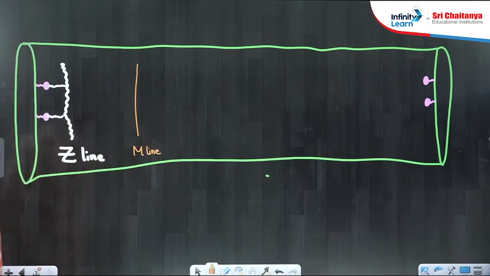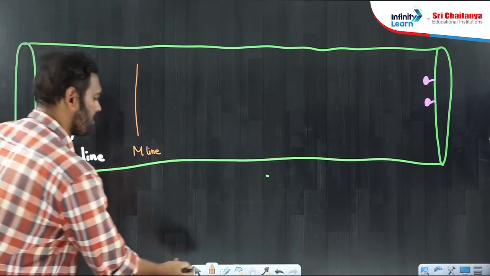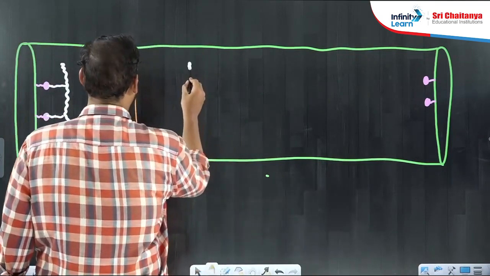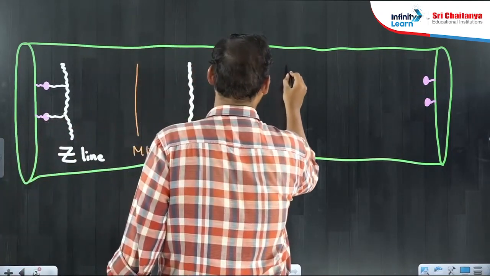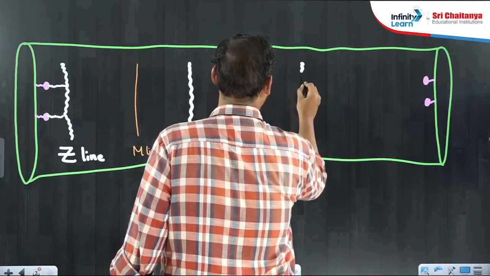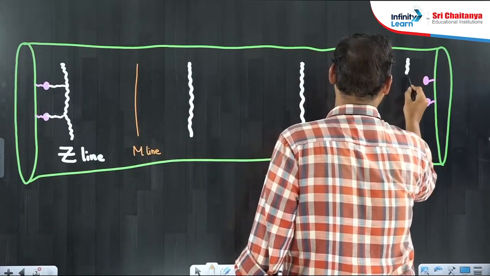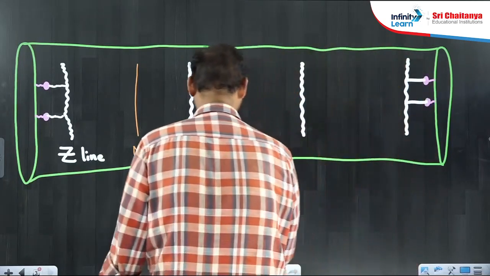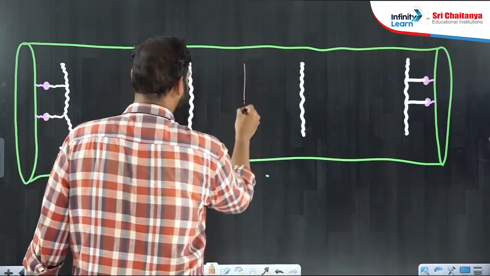Okay, so arrange Z and M lines alternately. So between Z lines you can see M lines.